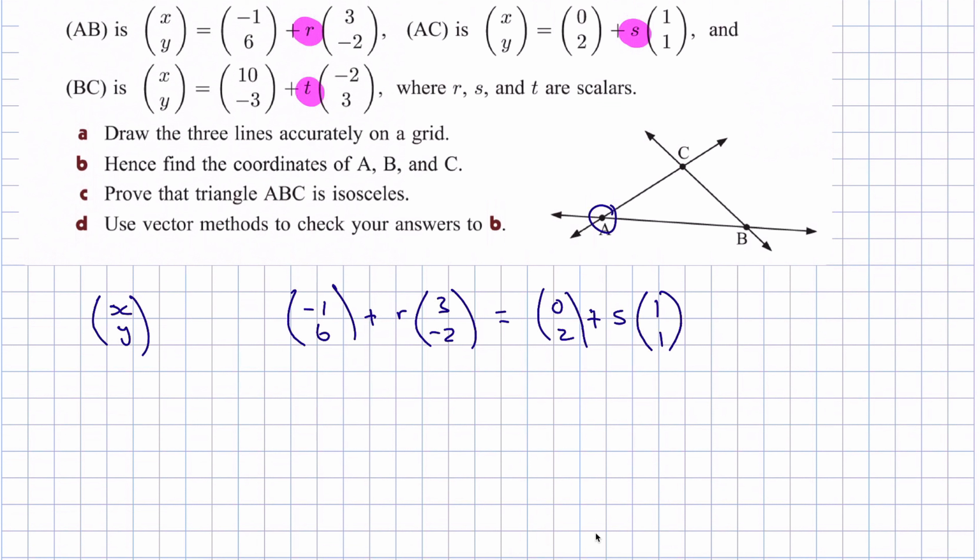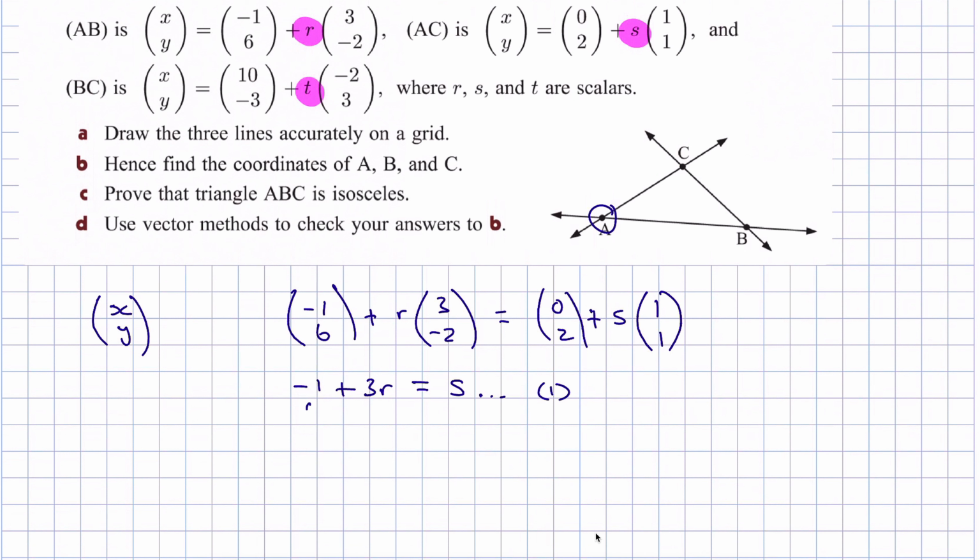Now we pull it out of the vector equation and write 2 equations from it. From the X part, the left-hand side is -1 plus 3R, and the other X coordinate is 0 plus 1 lot of S, so it just equals S. That is our first equation that must be true.